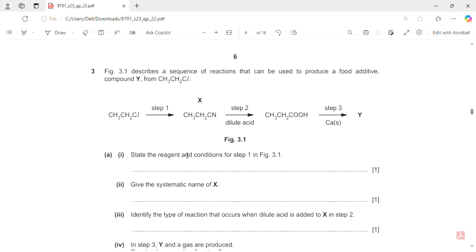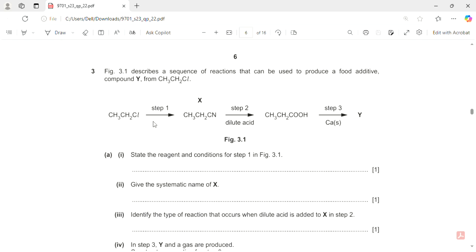Today we will do question number three of the Cambridge AS and A level paper, May June 2023, variant 22. Figure 3.1 describes a sequence of reactions that can be used to produce a food additive compound Y from CH3CH2Cl.